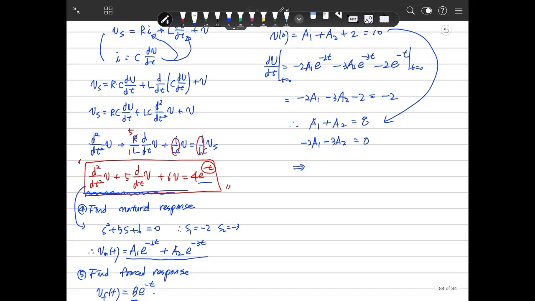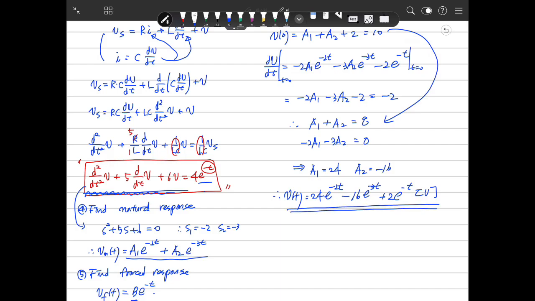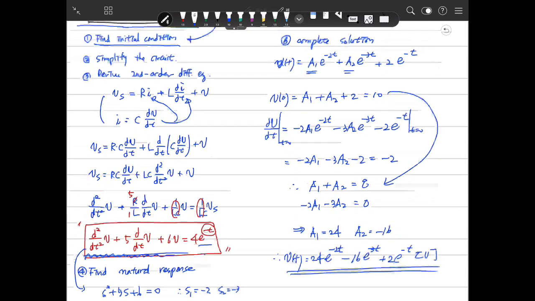So from here, A1 is 24, A2 is minus 16. Therefore, V(t) is 24 exponential minus 2t minus 16 exponential minus 3t plus 2 exponential minus t volts. That is the complete solution. It looks complicated, but step by step you can solve it very easily.